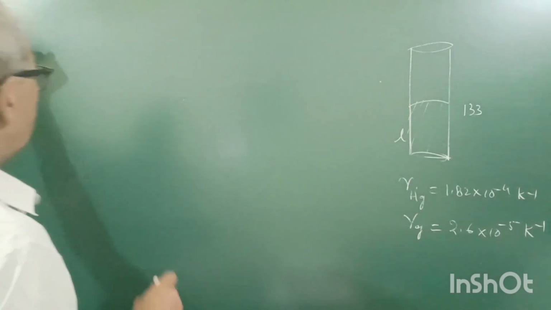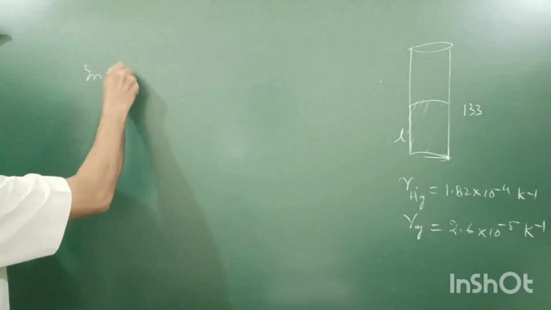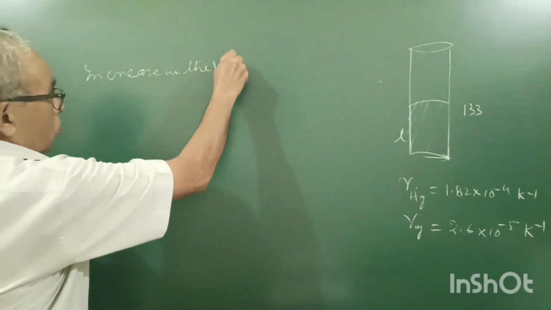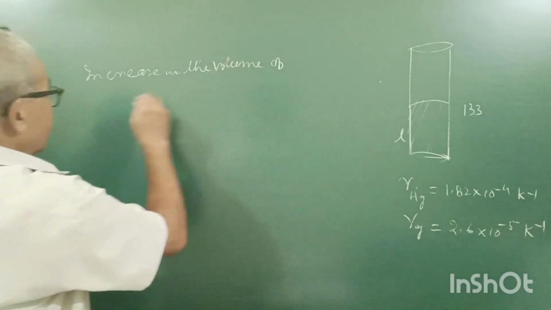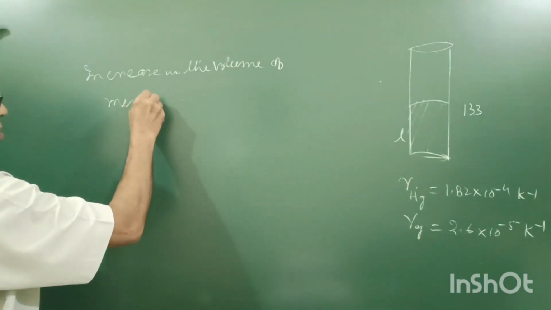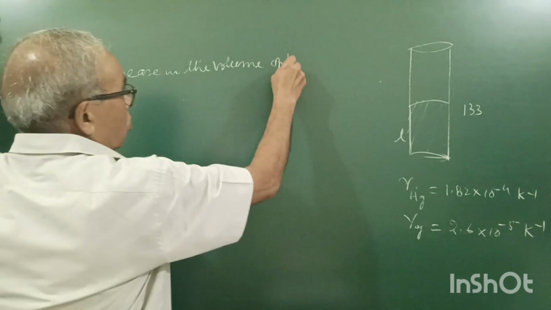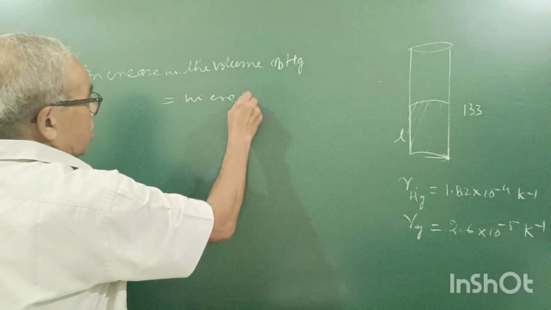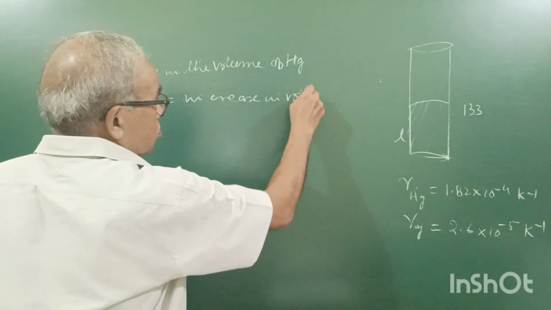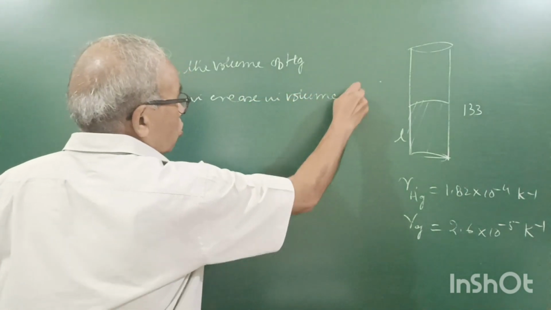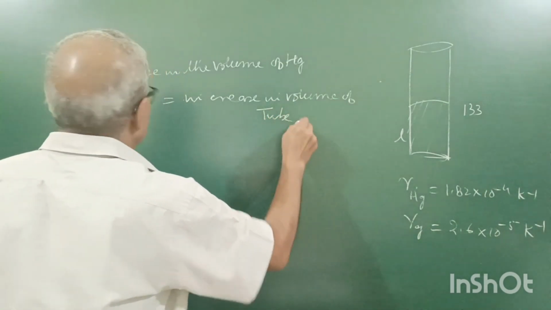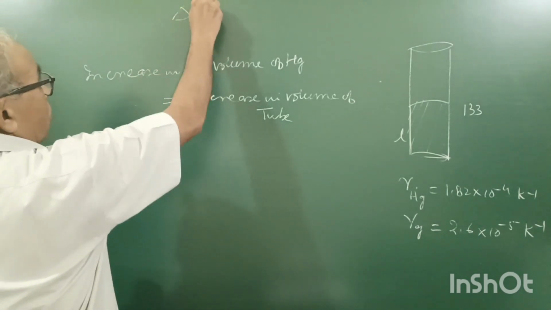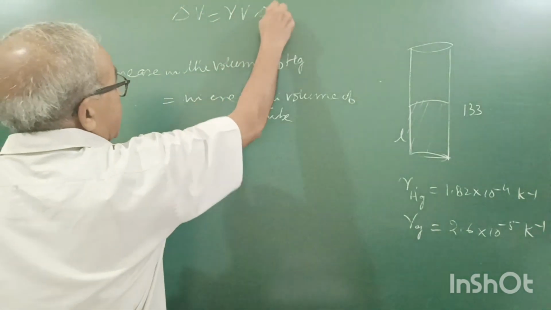It is only possible if the increase in the volume of mercury is equal to the increase in the volume of the tube. And you know that delta V equals gamma V delta T.